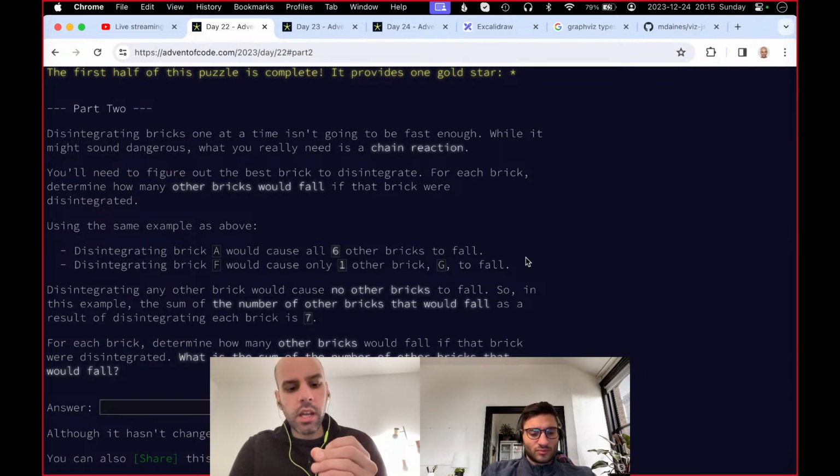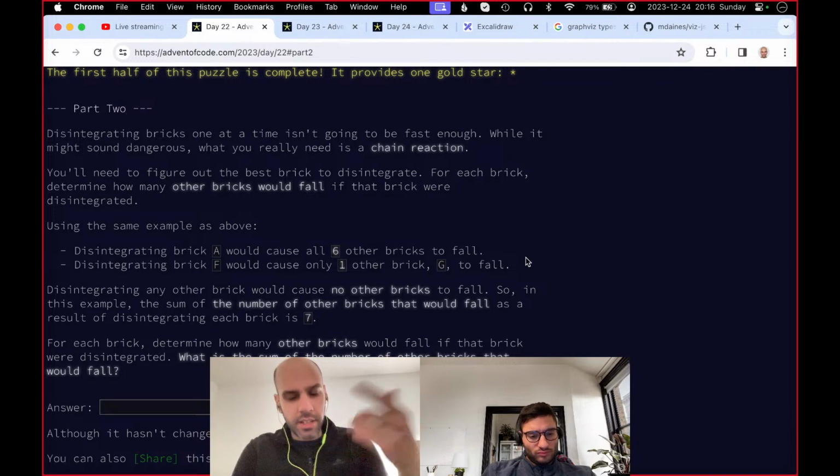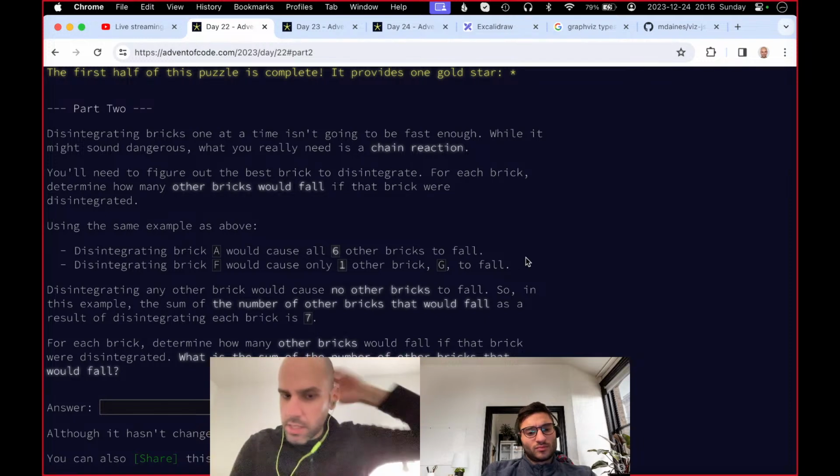And then when we disintegrate one of the bricks, how many others would fall? So if there is a brick that is simply supported by A, we disintegrate A, it will fall. But also, if the brick that fell is supporting another brick, and it is the only support, that will also fall. And so on and so forth. So that's why it's a chain reaction.